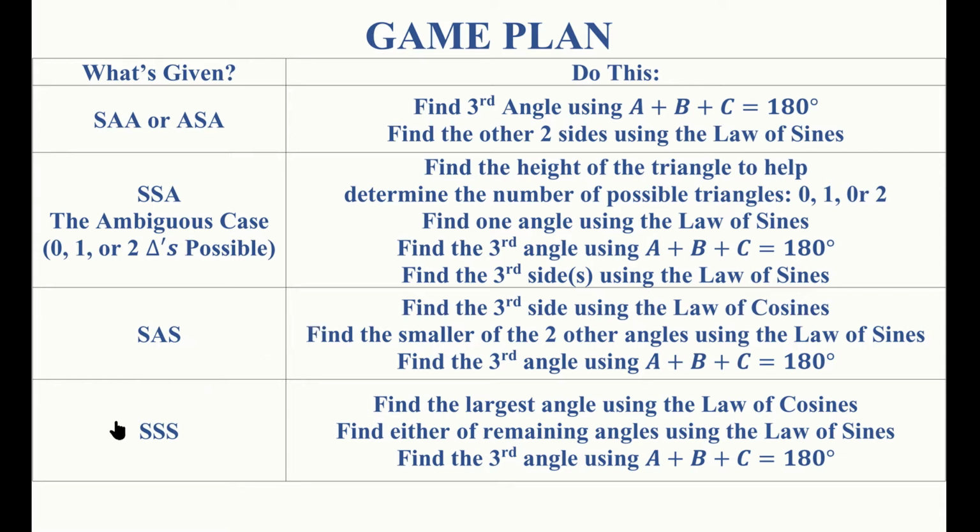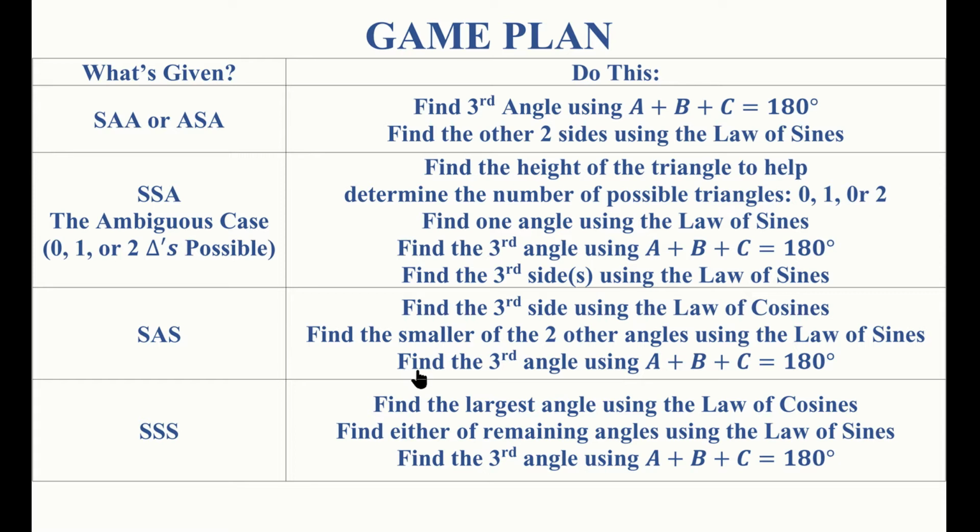For the SAS and SSS cases, we're going to use the law of cosines. In the SAS case, we have two of the sides, and we'll first use it to get the third side. Then we'll find the smaller of the two angles using the law of sines, just because sines work out much better with those acute angles.